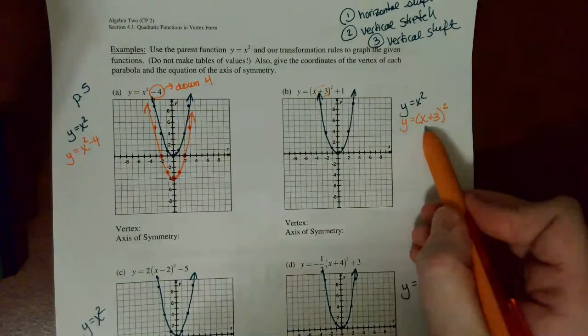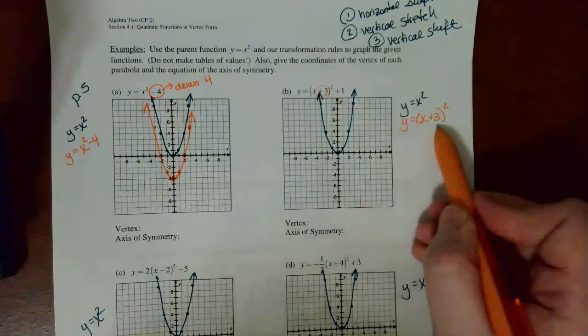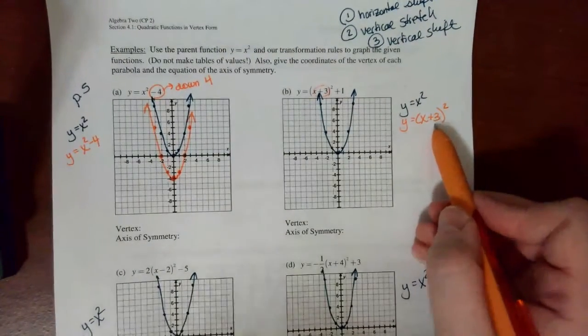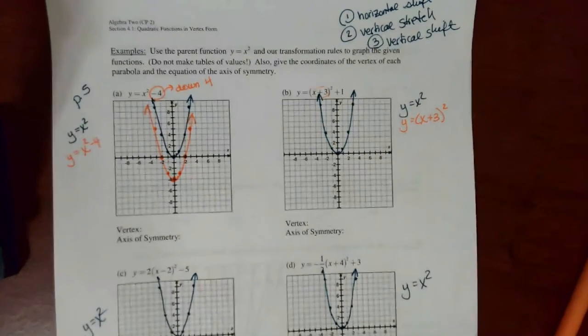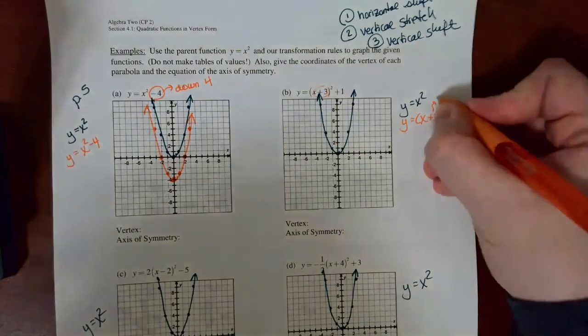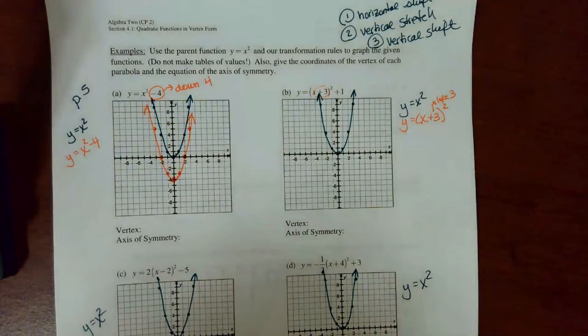Now, plus 3 inside our function, going back to earlier in the year, when we have a plus 3 inside, how does that move the graph? Plus 3 inside is going to move our graph left 3 spaces. So go do that.